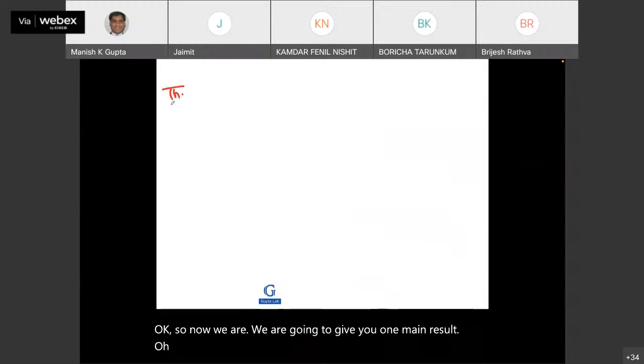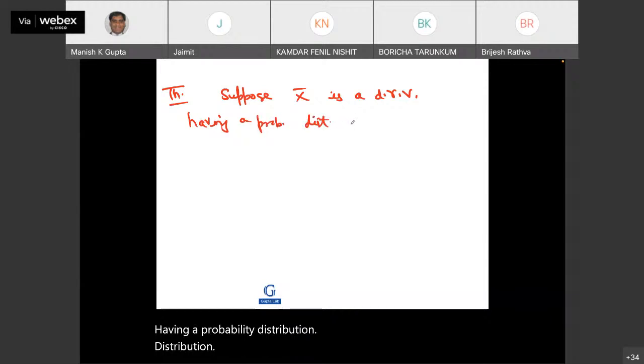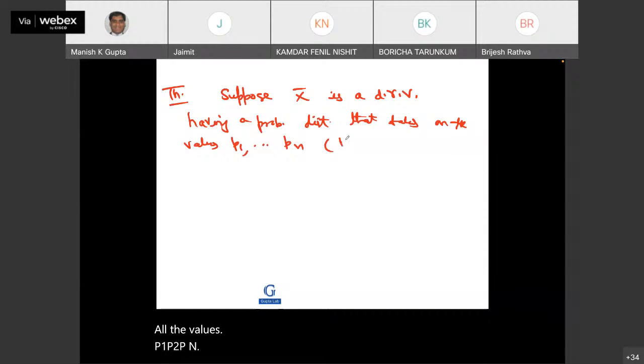Suppose, so this is a theorem. Suppose x is a discrete random variable having a probability distribution that takes on the values P1, P2, ..., Pn, where the Pi's are positive, 1 ≤ i ≤ n.